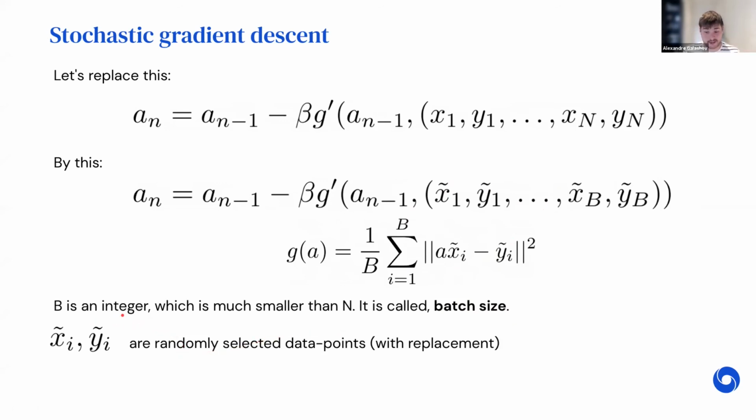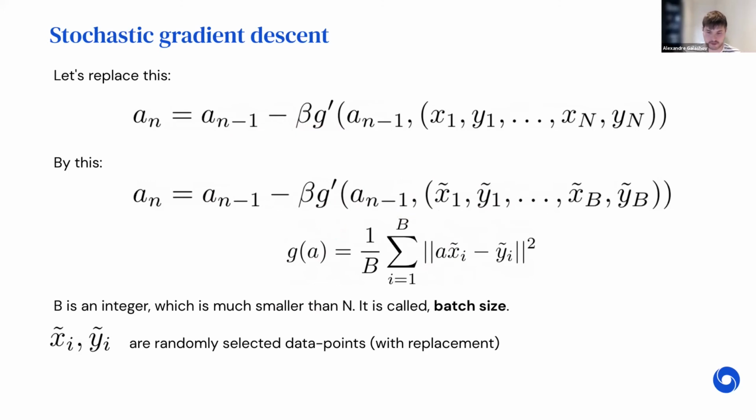The way you do it in practice: you have your data set, which is extremely big. You close your eyes, put a hand in your data set, take a point, and do it multiple times. This is with replacement, meaning you actually take a copy of the point, so you can still pick the same point multiple times with some random probability. Then you construct this batch, which will be quite a small number compared to N. Then you calculate the gradient there, and because it's a smaller subset, it's cheaper to calculate.